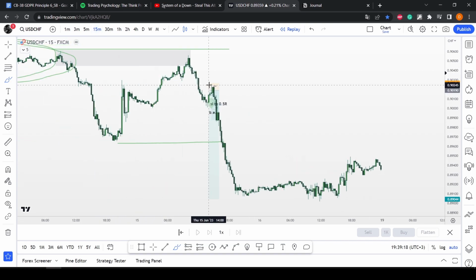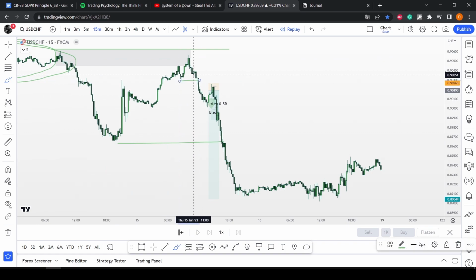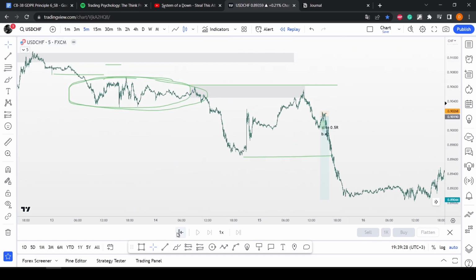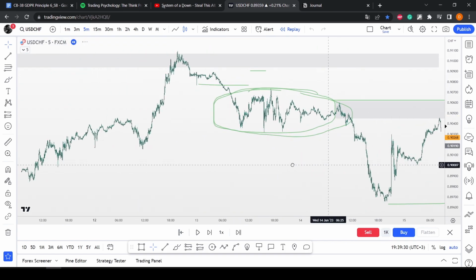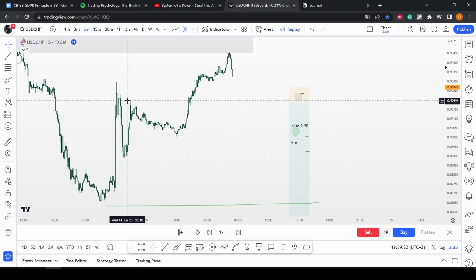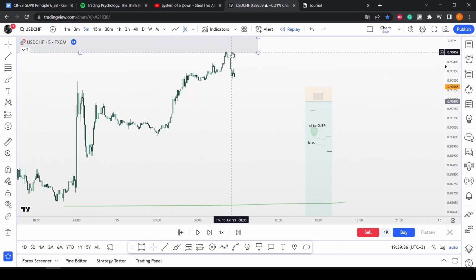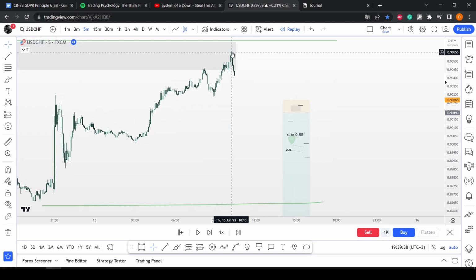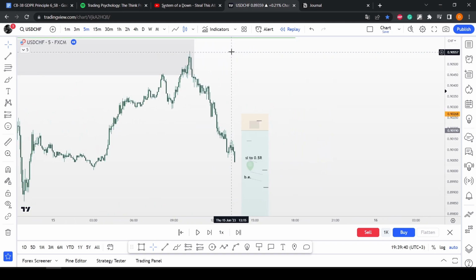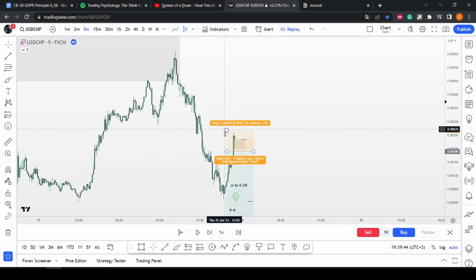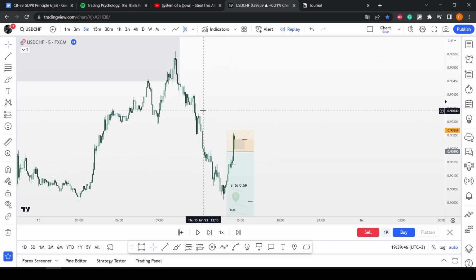And here on 15 minutes, the same redistribution with a recent shift to the downside. And on 5 minutes, let me show you like this. So this is the mitigation of the 1 hour zone. So this 1 hour zone mitigation, starting a move down on 5 minutes, creating this pullback and mitigation of this zone.